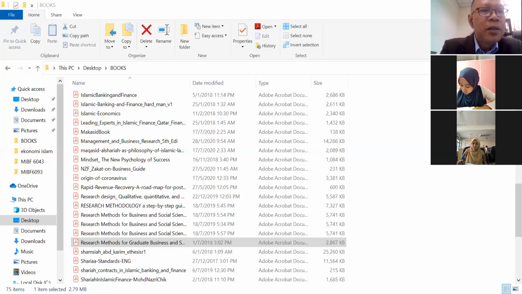But you, or a researcher, can use the secondary data also to answer your research questions and research problems. So it depends on your research questions and research problems, what type of data you need.